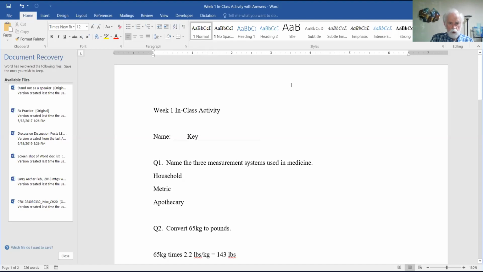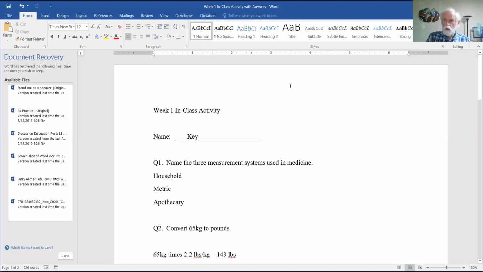In a hospital, pharmacy will send up a prescription and tell the nursing staff exactly what the dose is and how to deliver it, and they'll check it, which is good, because the issue is mistakes are made.